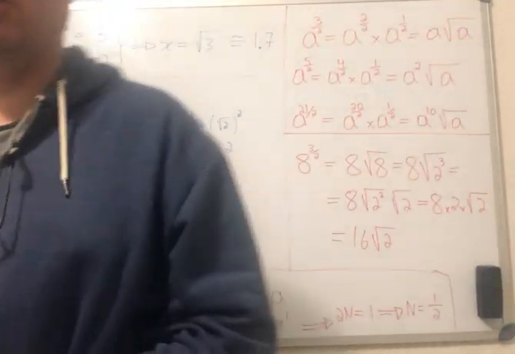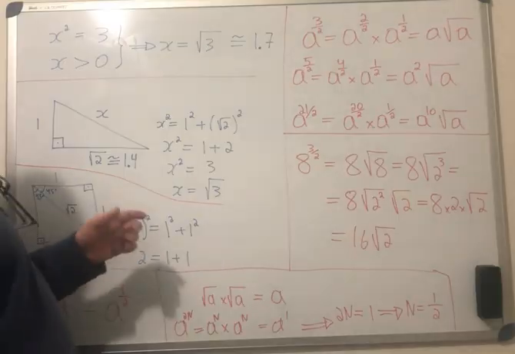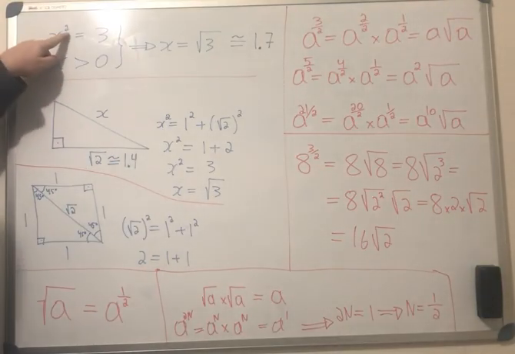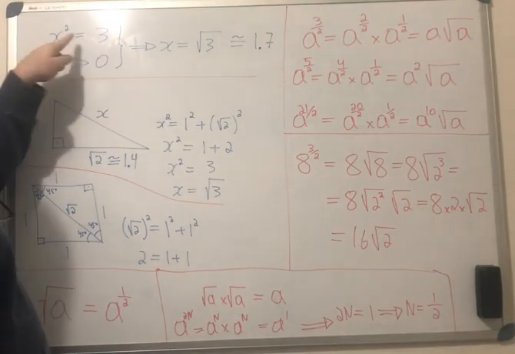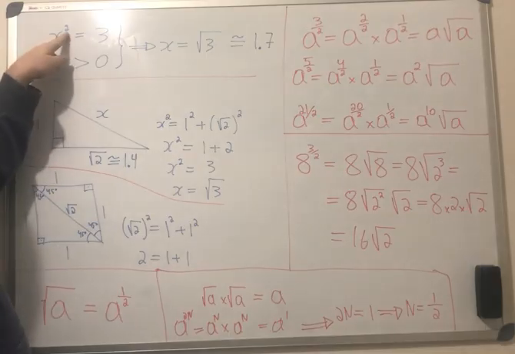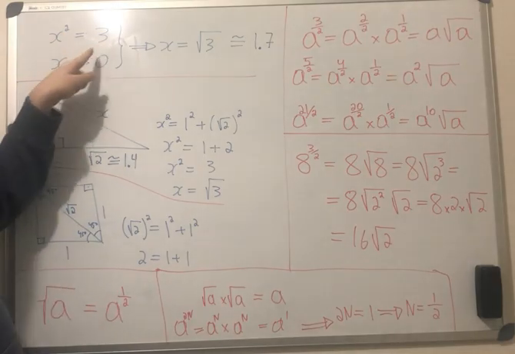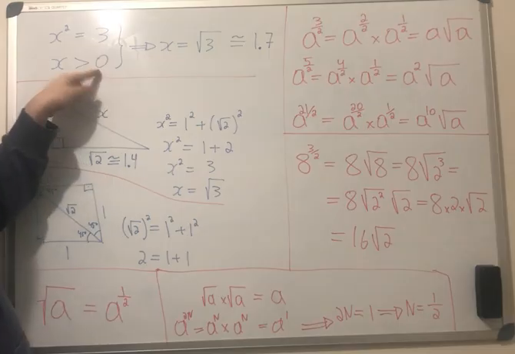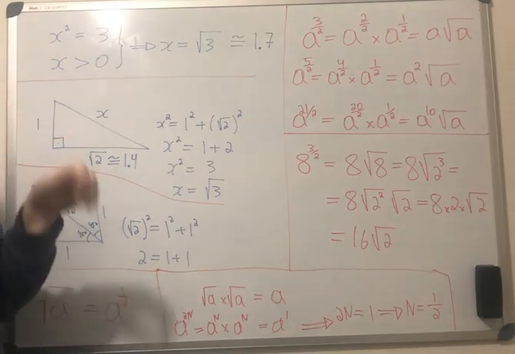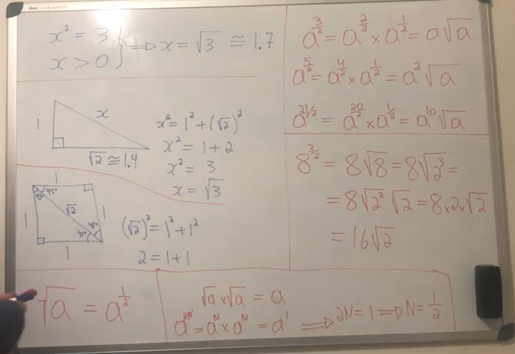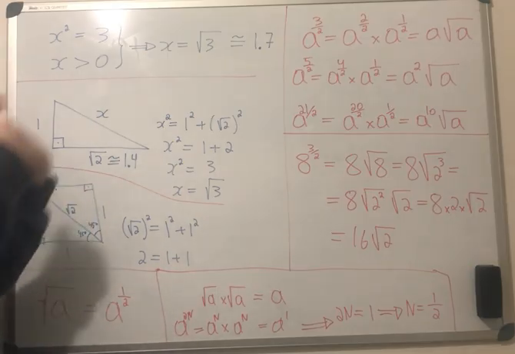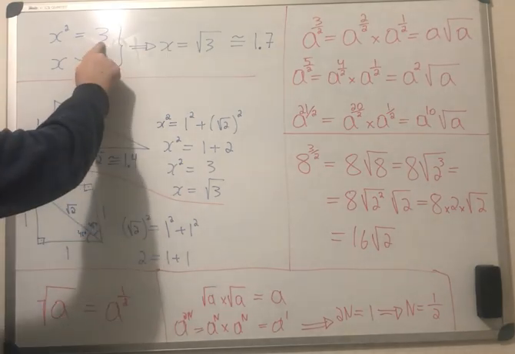Okay, so now let's consider the problem. x squared equals 3. So I have a number x multiplied by itself is equal to 3, and I know this number is positive. This is given in my problem, okay? I want to find a positive number such that when I multiply it by itself, I end up with 3.